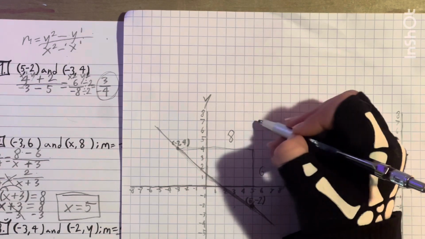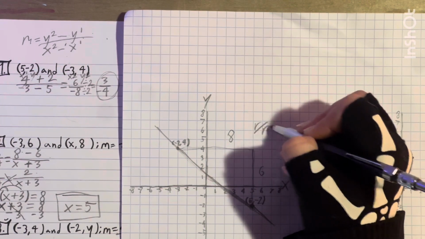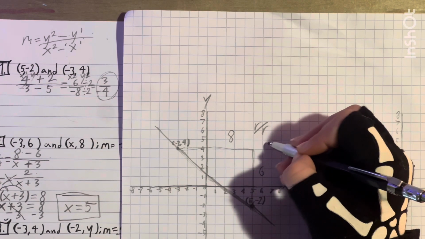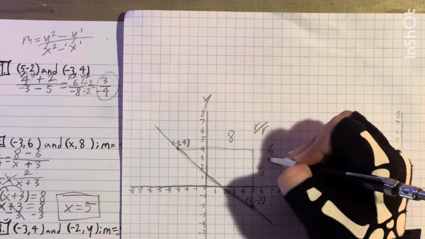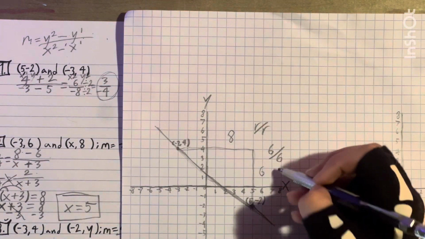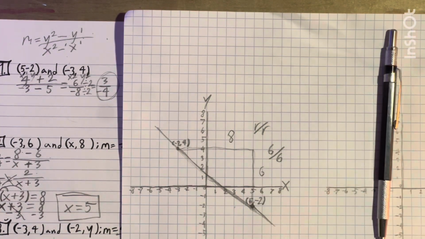Now, rise over run. Rise is 6, run is 8, so you get 6 over 8.